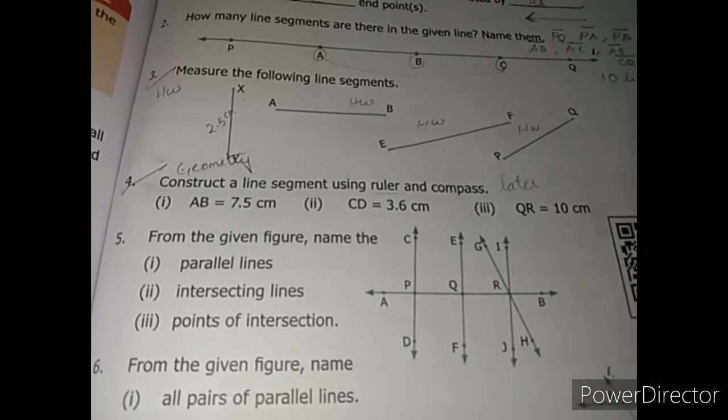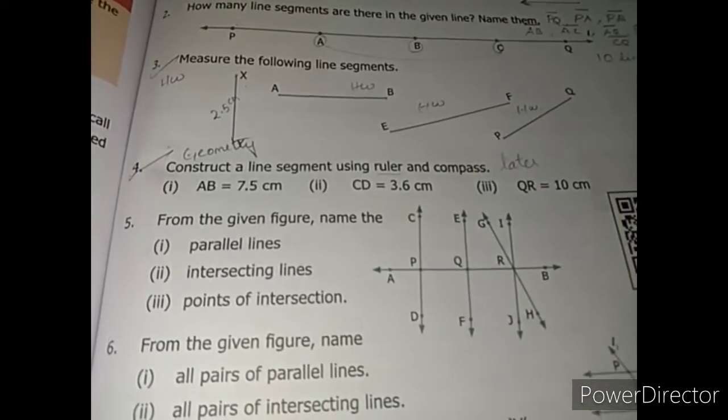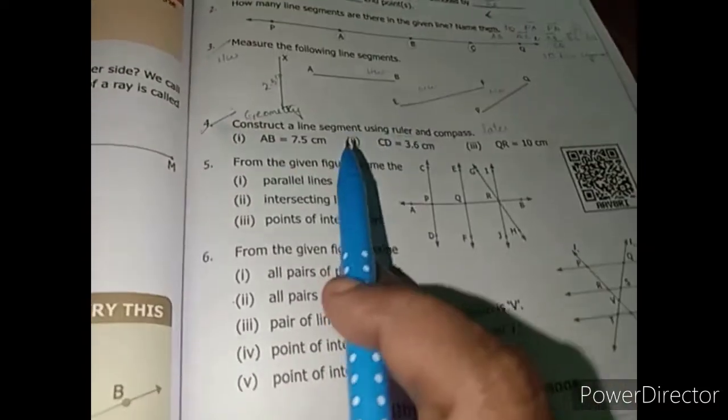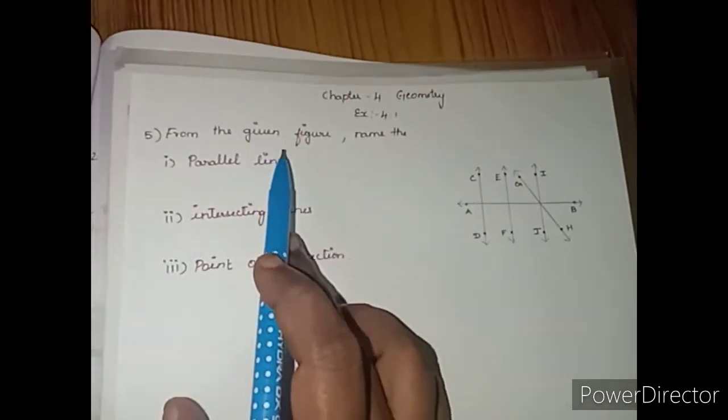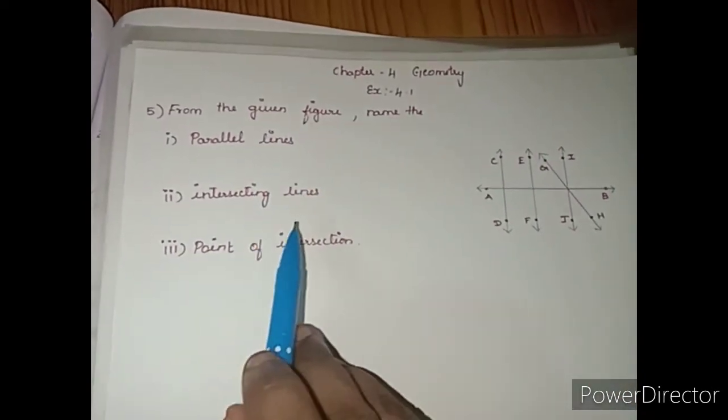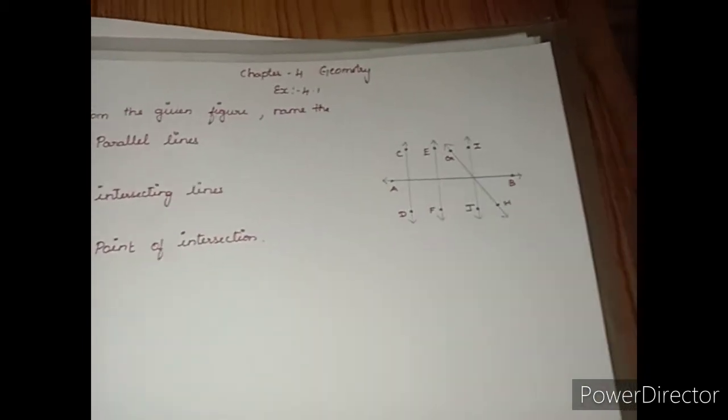Now we'll see what are all the parallel lines given. Okay, as I told you, the fifth sum we will be working out in the worksheet. Okay, see here. See what the question is.